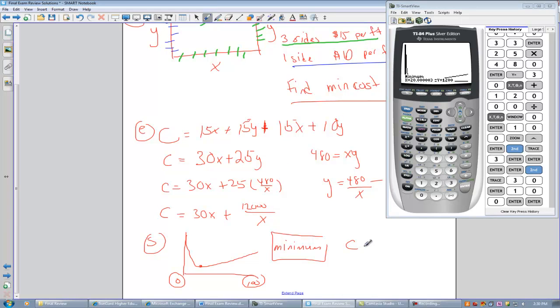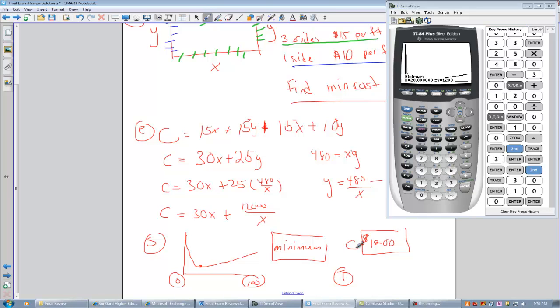So our minimum cost, which is what we're trying to find, is $1,200. All right, and then the last step is test, but really we're testing it here by graphing it. So as long as it makes sense, and that's good enough for me, we'll just stick with the $1,200.